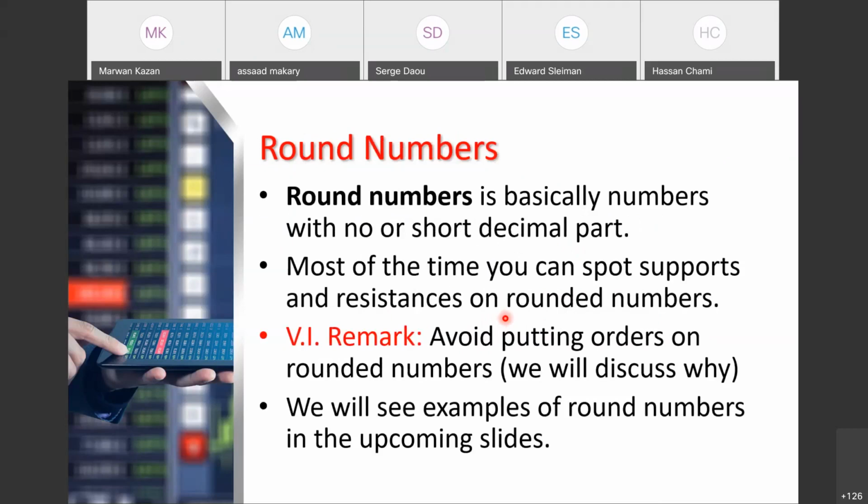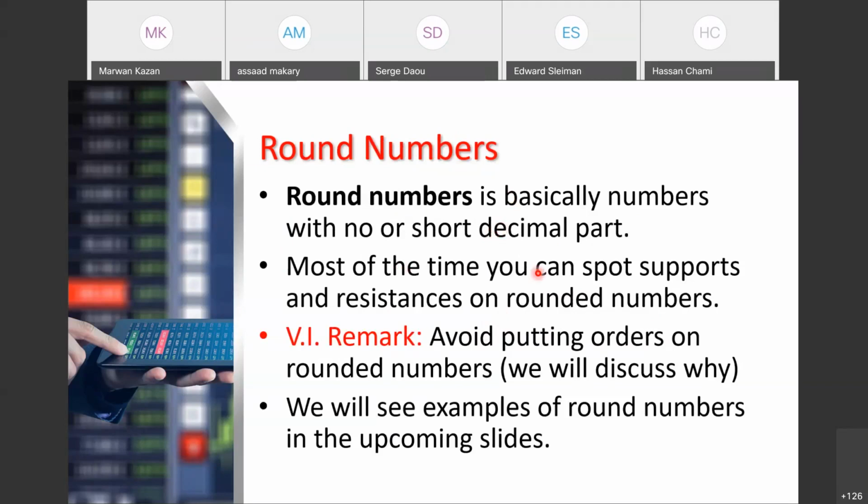Now, round numbers. Round numbers are what Michelle was talking about. A round number is basically a number that is rounded and has a short decimal part. Like 27 is a round number, 26 is a round number, 26.5 is a round number, but less strong.